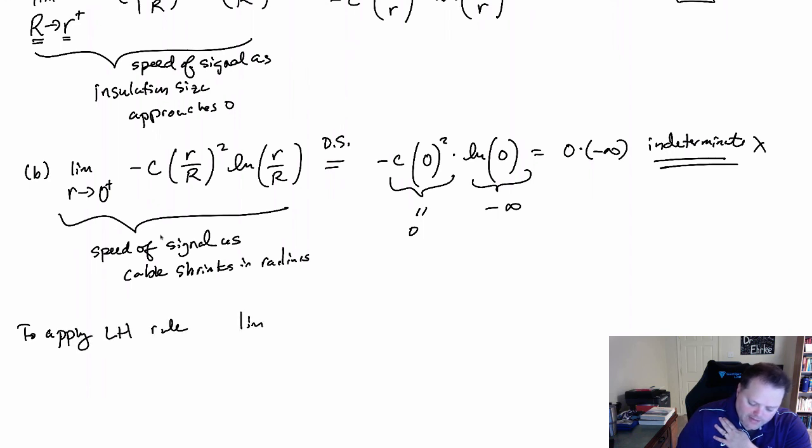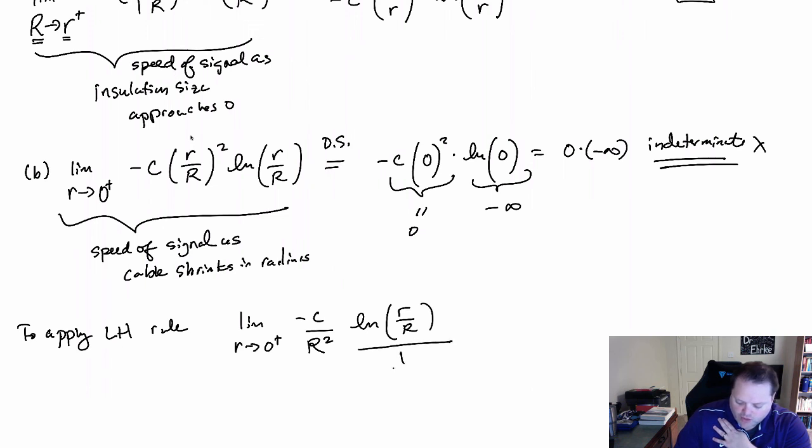we're going to write this limit as negative c over, and I'm going to keep the r squared part here. I'm going to keep that out with c because they're both constants. And I'm going to take this r squared part and put it on bottom, just like we did on example 2. So this is going to be the natural log of r over r divided by 1 over r squared.